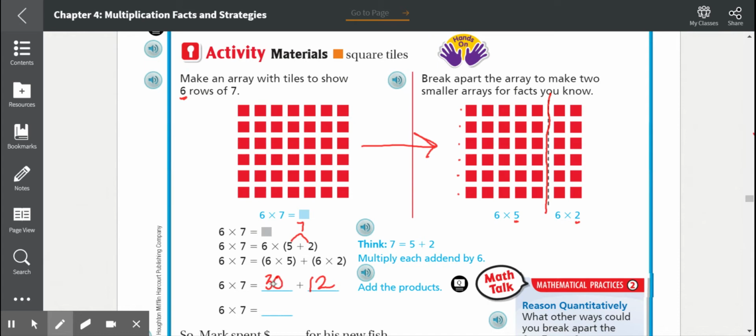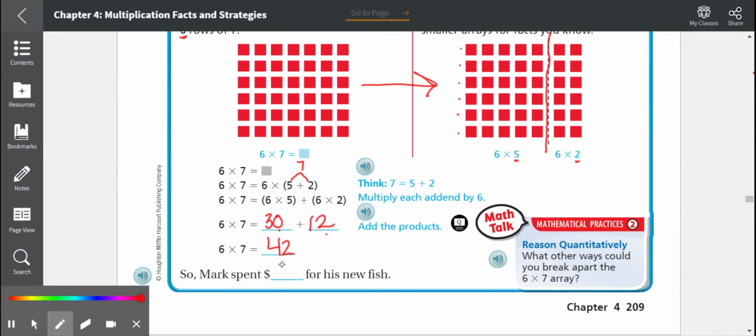So now we have to add 30 plus 12 to get 6 times 7. Well, 0 plus 2 is 2, and 3 plus 1 is 4. So Mark spent $42 for his new fish.